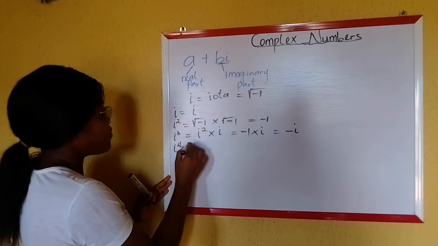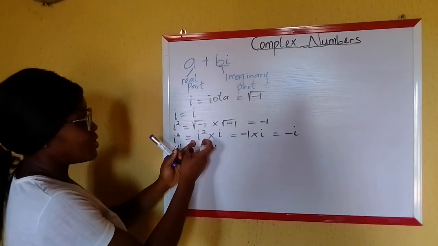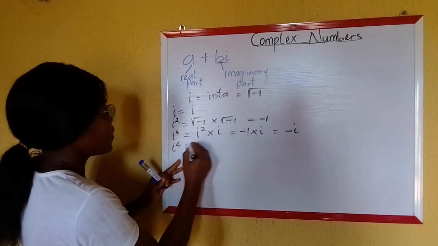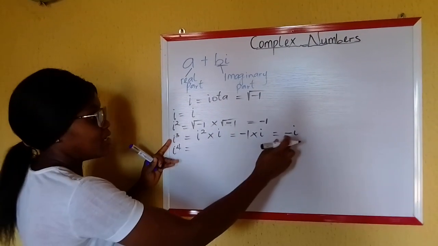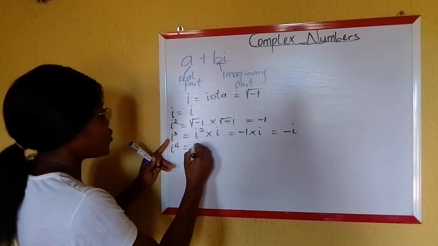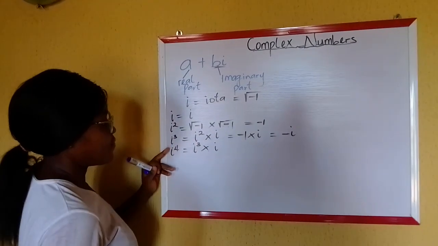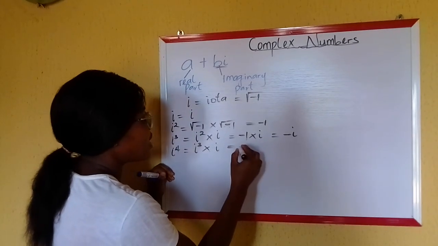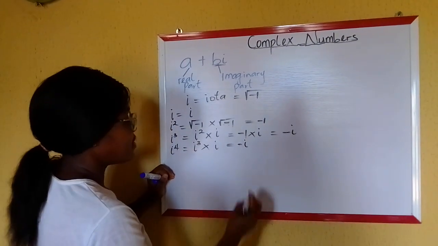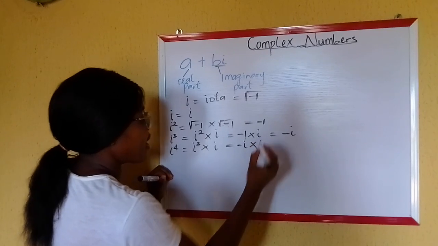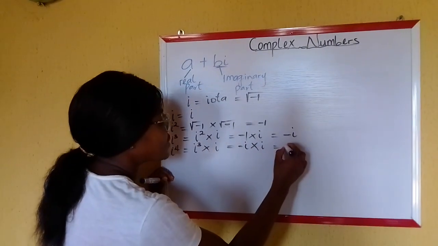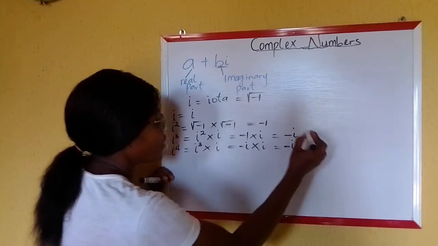Then, i raised to the power 4: you have i raised to the power 3, which is already minus i. So we have i raised to the power 3 times i, which is minus i times i, which will give us minus i squared.